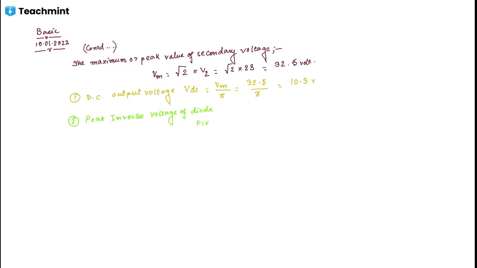PIV equals Vm, that equals 32.5 volt. So this is one answer. This is another answer. So these are the two answers.